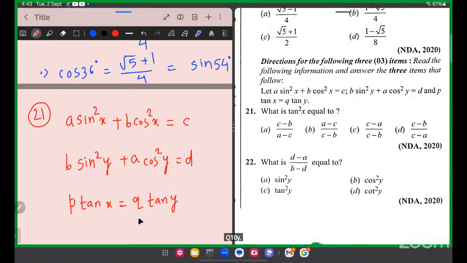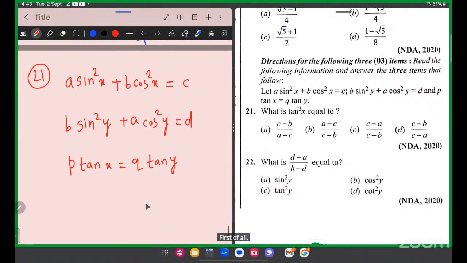Now we are supposed to find out tan square x first of all.